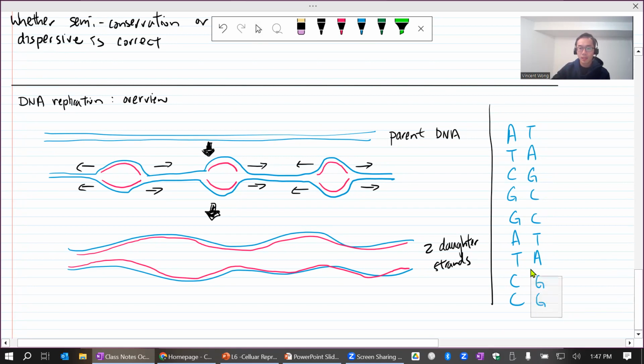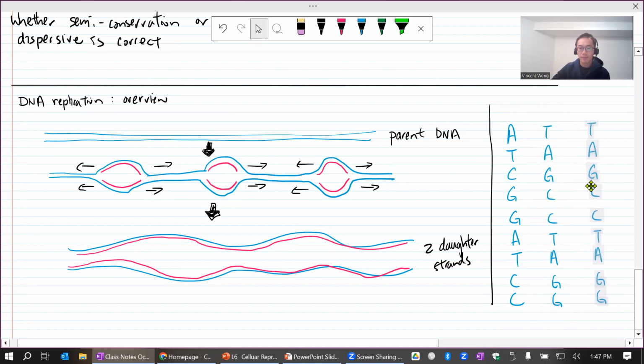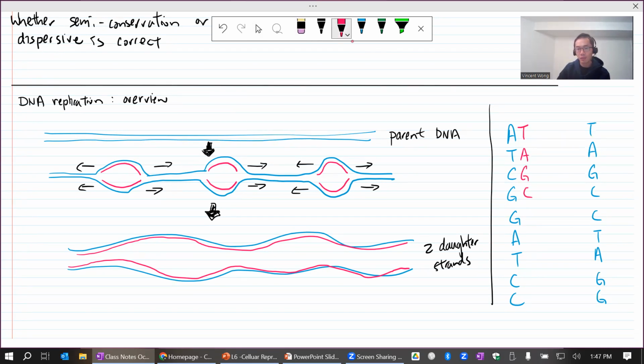So what we're gonna do in DNA replication is we're gonna take the two strands and we will separate them. Once you separate it, then the cell will build the other half. So your body knows A goes with T, T goes with A, so on and so forth. And then same thing over here.